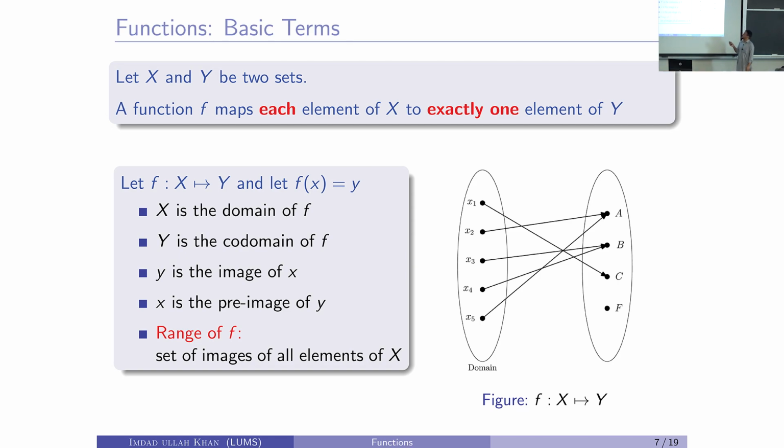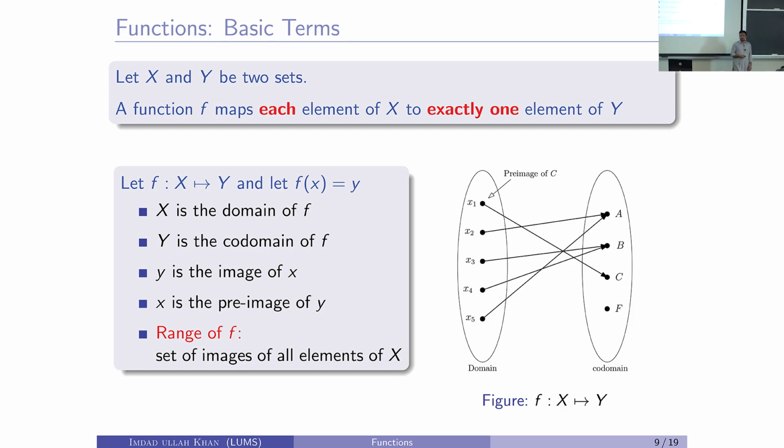The range of f is the set of all images. So in this case, what is the domain? This set X. What is the codomain? This set containing a, b, c, and f. This is the codomain. What is the pre-image of a? The pre-images of a are x2 and x5.